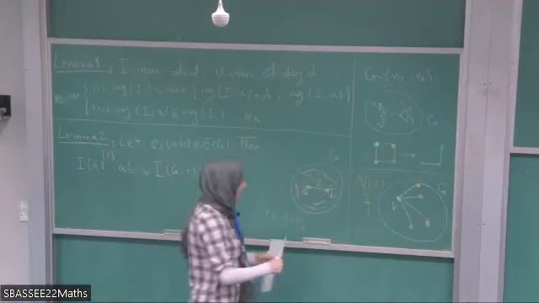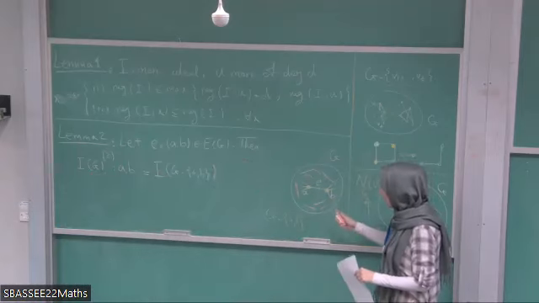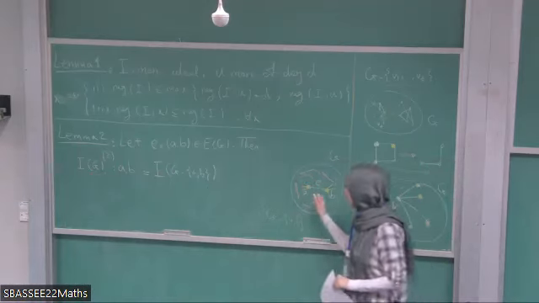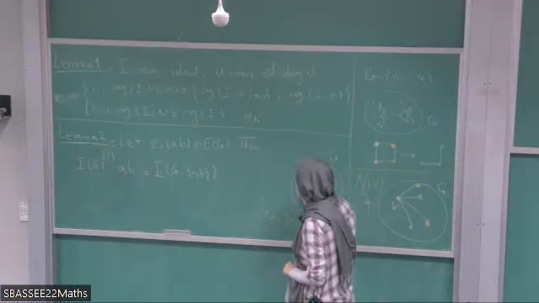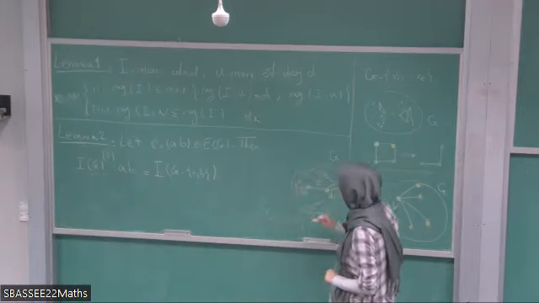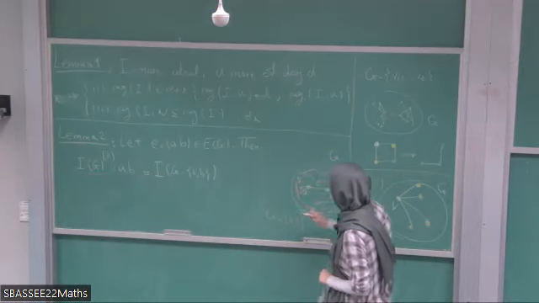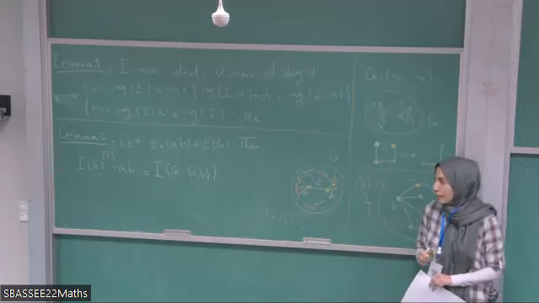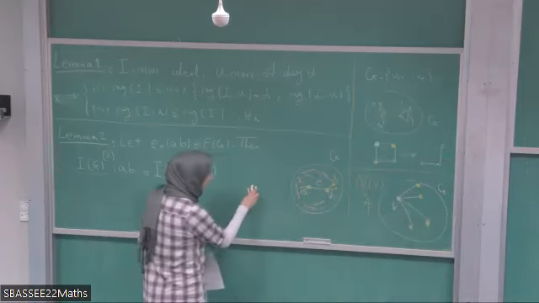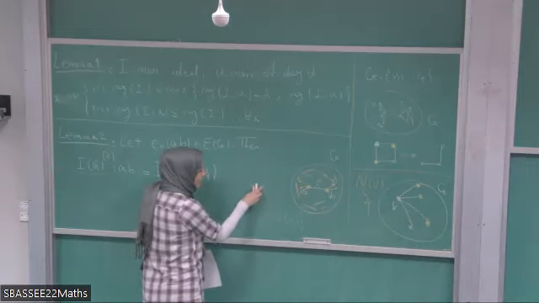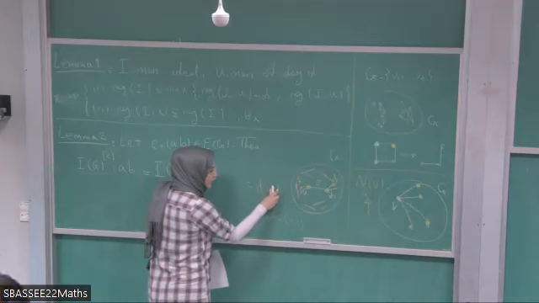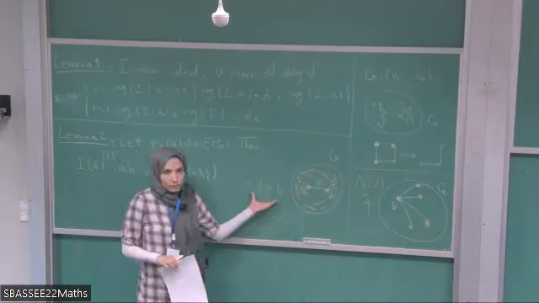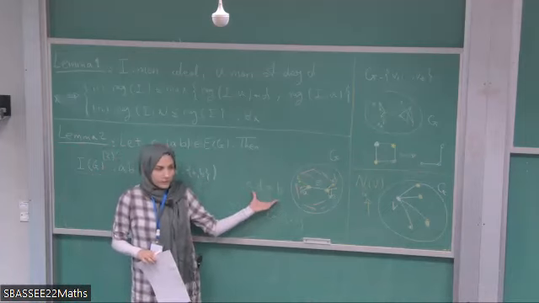What else? Again, look at this picture. Now look at the yellow edges, and their endpoints other than A and B. For example, if I denote this by C and this by D, and I multiply C and D with A and B, it is a square-free monomial because they are on 4 different vertices.